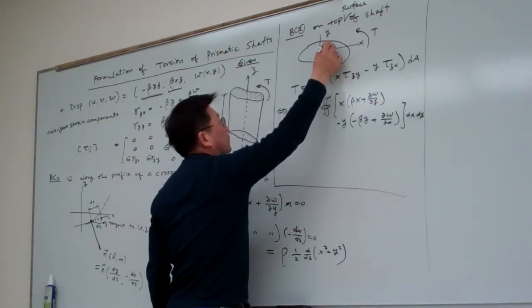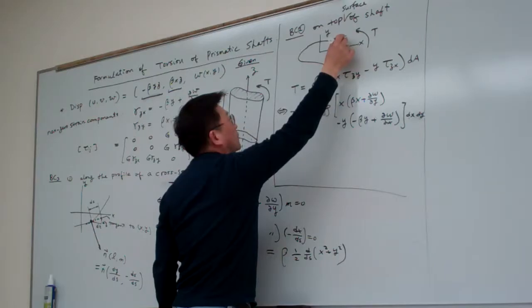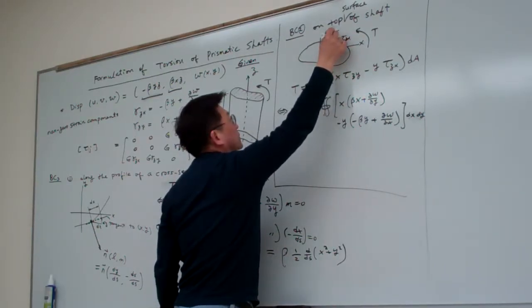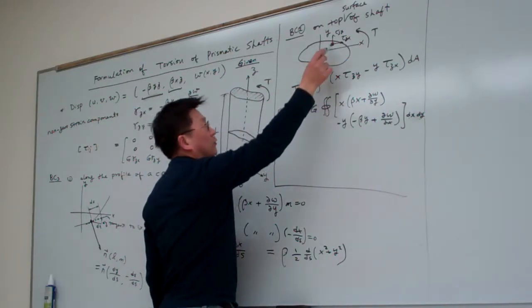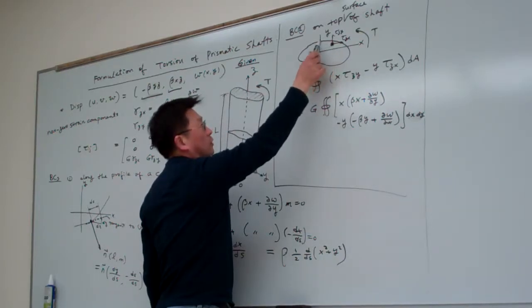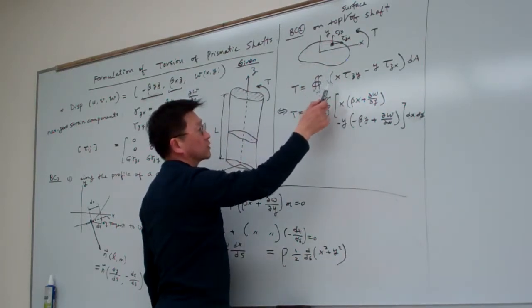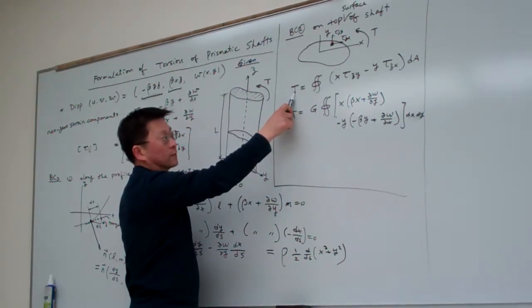At this point we have small elements, and this is tau zx and this is tau zy. Due to these two stress components applied onto this small stress element, we have a small torque. We integrate such a small torque over the whole cross-sectional area, and we have this formulation. This must be in equilibrium with the given torque here, okay?